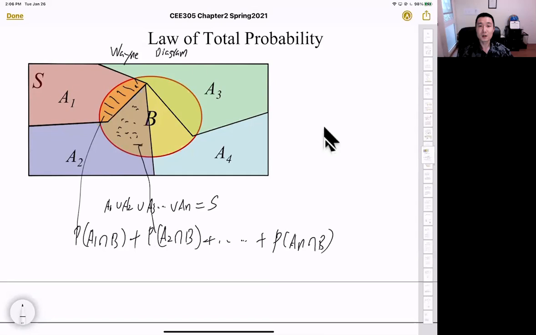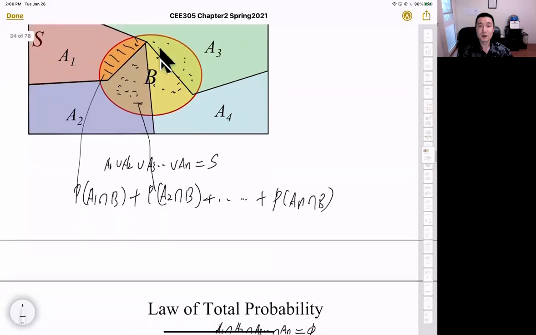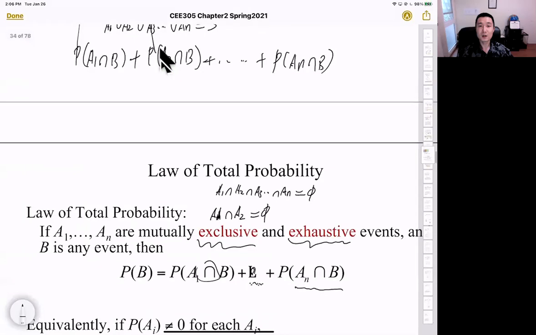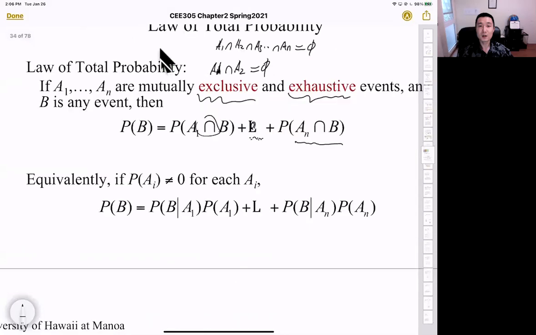All these pieces added together are equal to P(B). So P(B) is equal to P(A1 and B) plus P(A2 and B) plus P(AN and B). That is the equation for total probability.